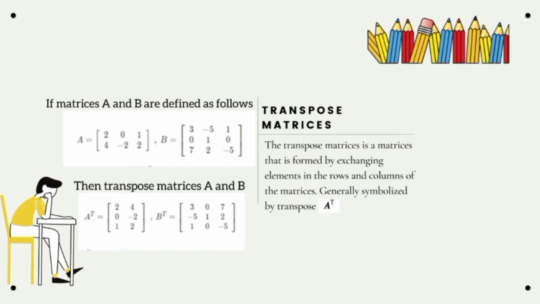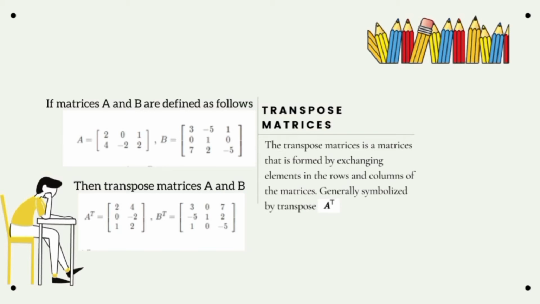Okay, the first property of a matrix is the transpose matrix. The transpose matrix is a matrix that is formed by exchanging the elements in the rows and columns of the matrix, generally symbolized by A transpose, like in the slide.